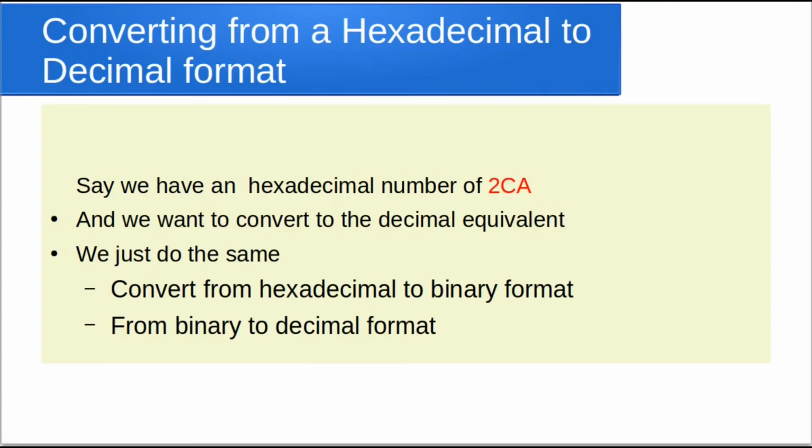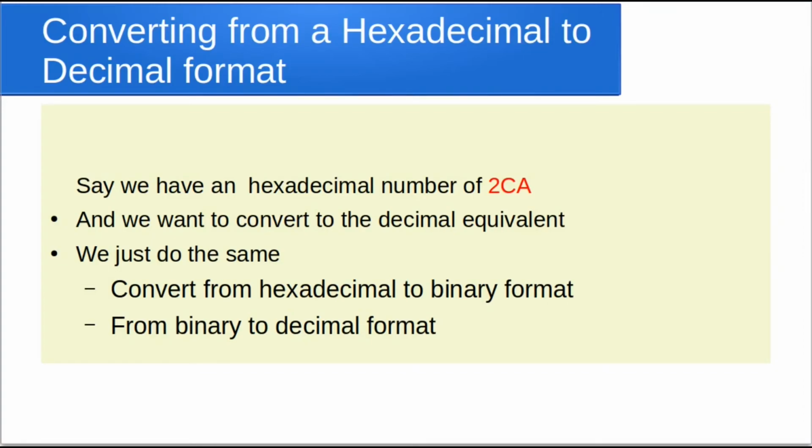Okay, let's look at the last one that's left, converting from a hexadecimal number to a decimal number. Now, to do that, as you must probably realize by now, we do the same as we did before. So we have a hexadecimal number of 2CA. It's very difficult to work out what that number is in the decimal format that us humans use.